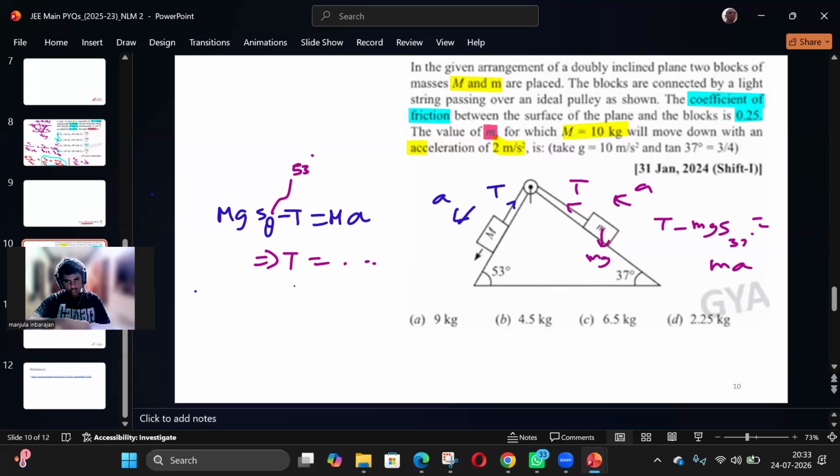From this you can find the value of small m. Understood the method, right? But be careful: for the capital M, theta is 53 degrees. For the small m, theta is 37 degrees.